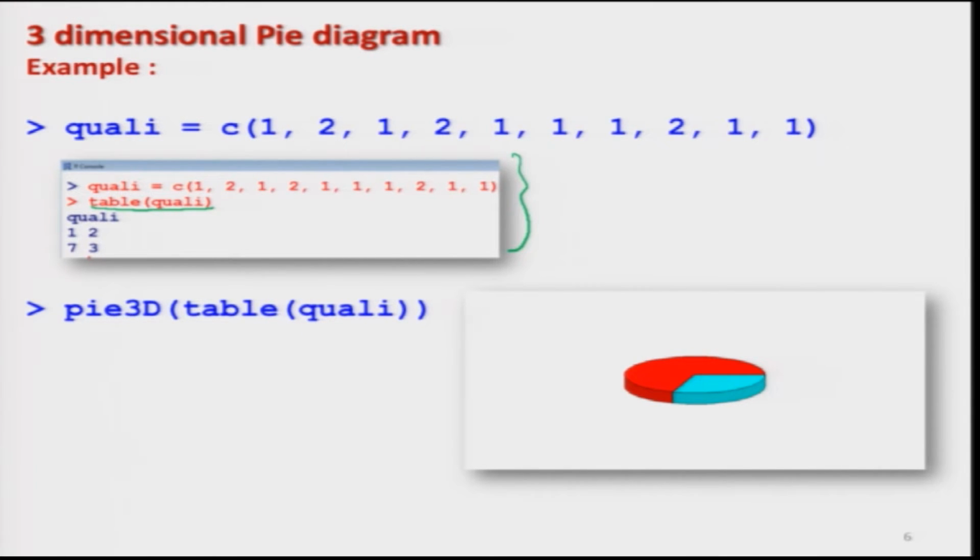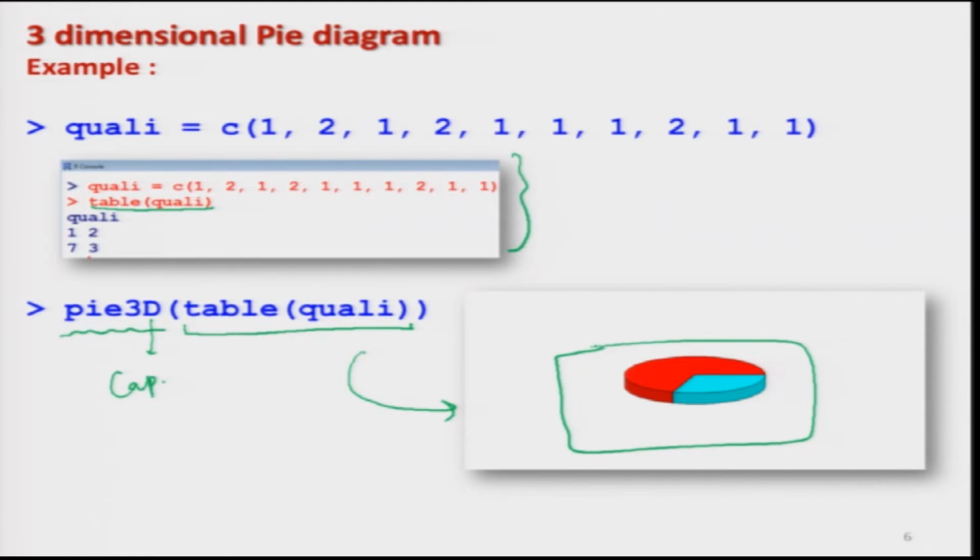I am simply reproducing a screenshot here, and after this you simply use the command pie3D. Remember, D here is in capital letter. Then you use the data obtained by table(collie), and you will get an outcome like this one. You can see here, this is your three-dimensional pie diagram.